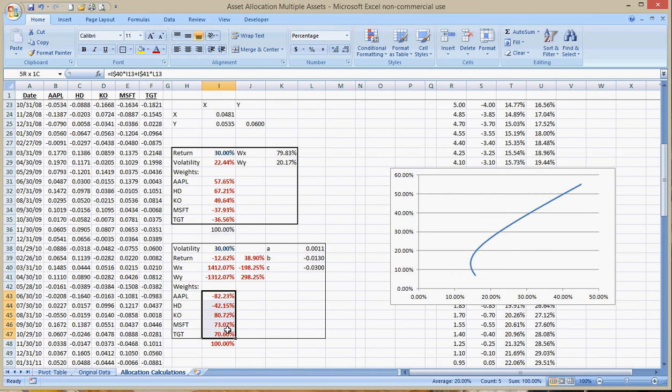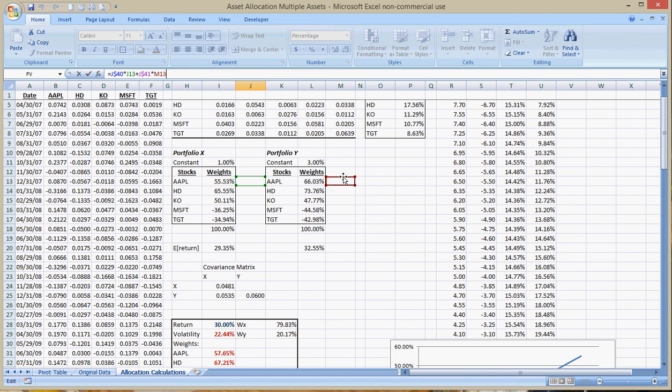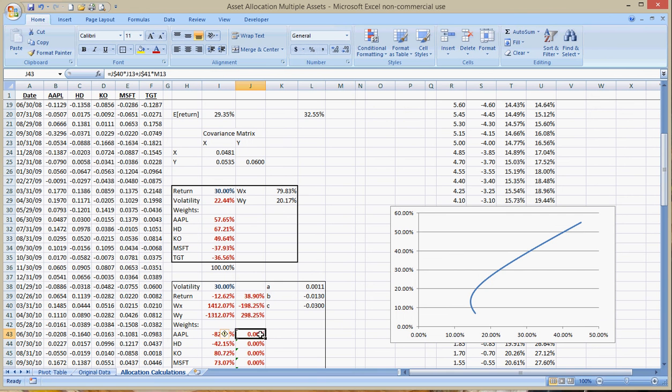What are the weights for the individual stocks? Let's copy that over, and let's see where we're off with something here. So I have those weights. I need to pull these back. Okay, let me just do that.